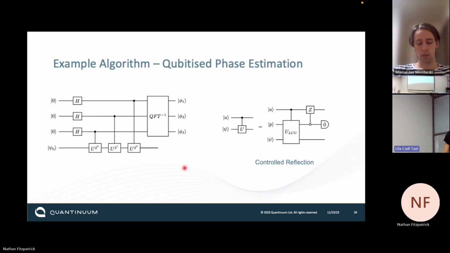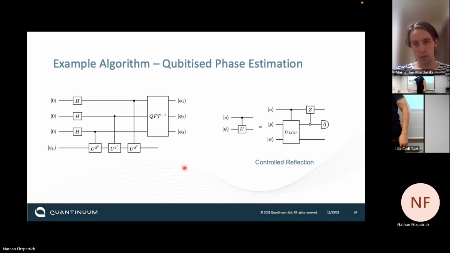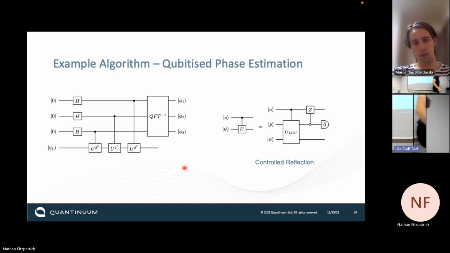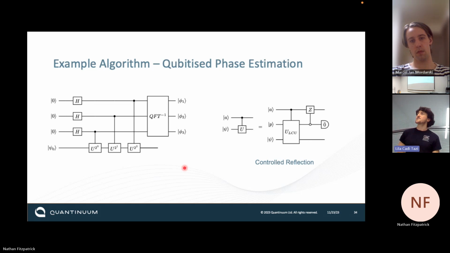So this is the construction of a phase estimation: you have these powers of the operator, and if you're in a single eigenstate, you'll then get phase kicked back onto the registers, and then the Hadamards basically get you into the basis that I showed you before.